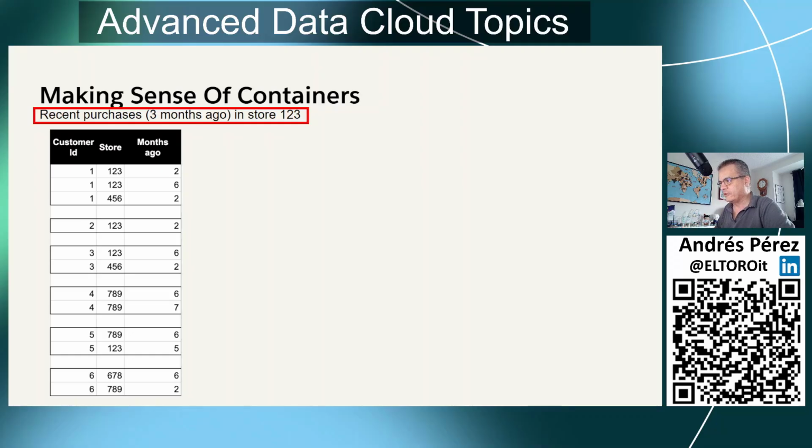So that's what we're trying to do. We're trying to find different recent purchases made within the last 3 months in store 1 to 3. We're going to do same container, different containers, and see what records get returned when. And we will explain why we were getting two different numbers. Okay, watch this. It's important.